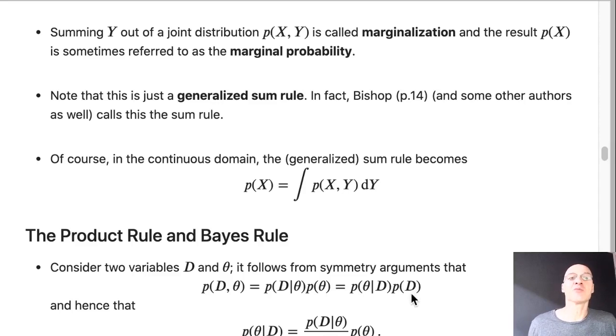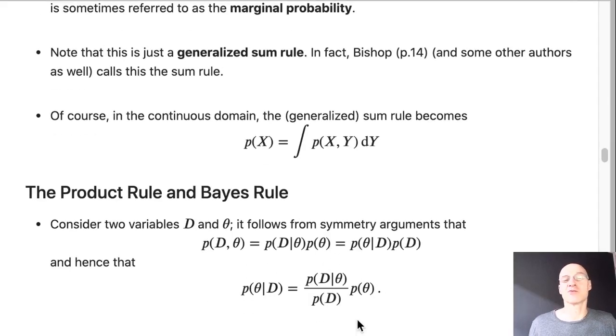And now all I do is I take the right hand side, these two factors, and I move p(d) to under here. So the result is just a rewrite of the product rule. The probability for theta given d equals the probability for d given theta divided by the probability for d times the probability for theta. This is called Bayes' rule.